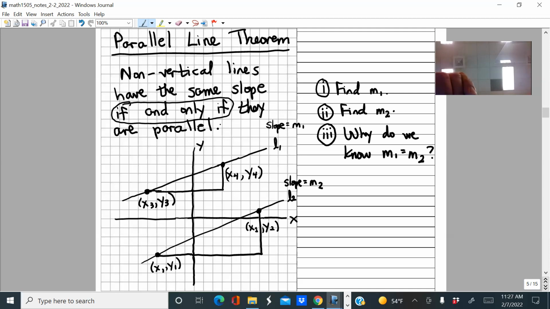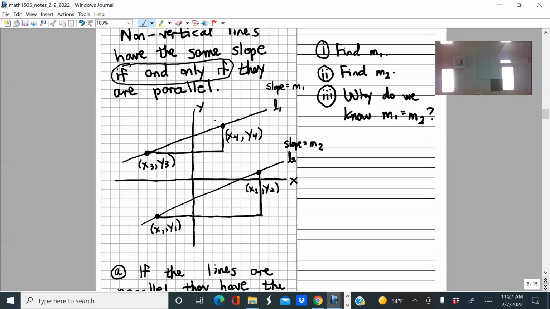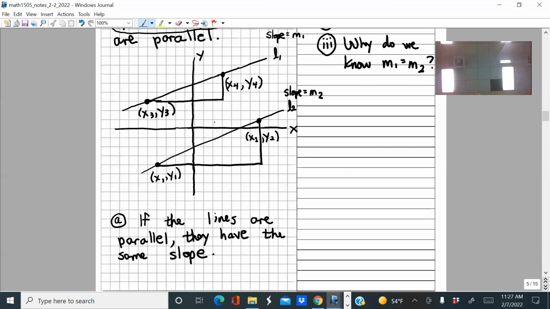If two lines are parallel, then they have the same slope. So the implication is true in both directions. This is a very powerful relationship between the slopes of parallel lines. If they're parallel, they have the same slope. Or if you know two lines have the same slope, then you also know that they are parallel.